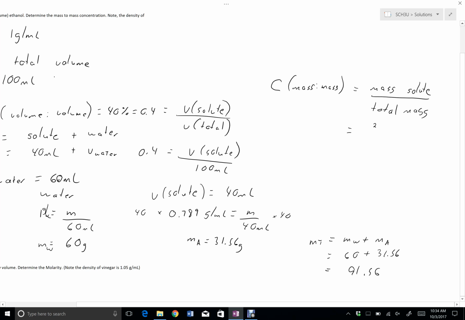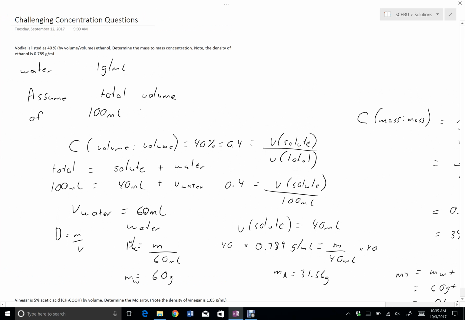So I've got 31.56 divided by 91.56. Those are both in grams. Grams, grams, grams, grams. Put all my units all over the place. And I get 0.345, or 34.5% by mass.